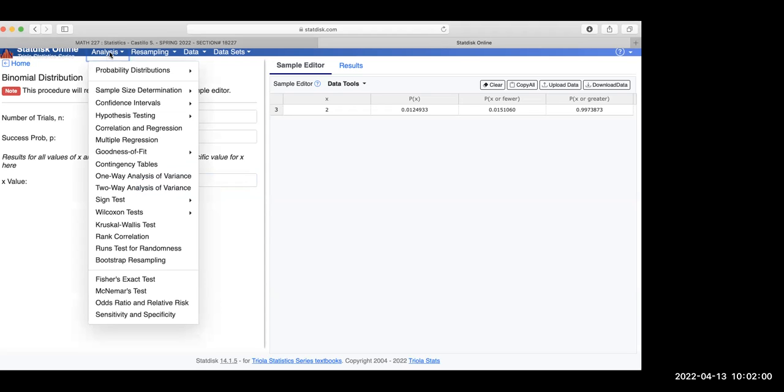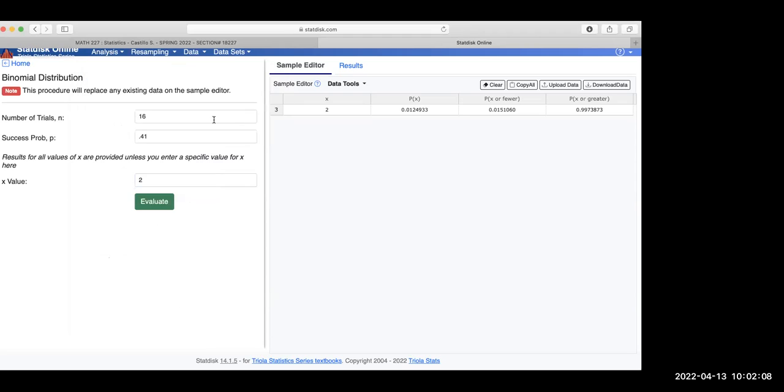First, go to StatDisk, click on the Analysis menu, and then from the probability distributions, click on Binomial Distribution. And so now, let's put in the number of trials, 8. The probability of success, 0.38. And I want to do everything from X greater than or equal to 1. So let's plug in 1.